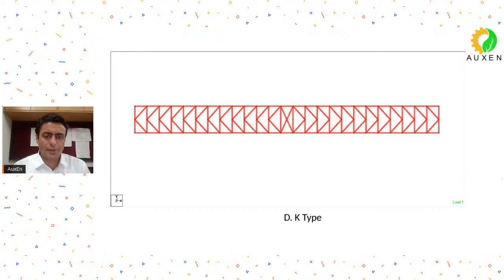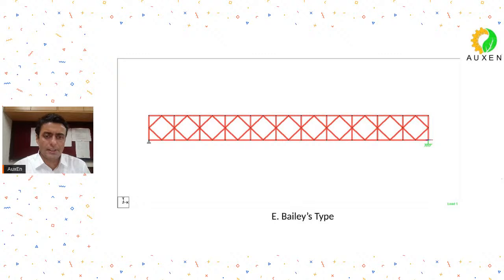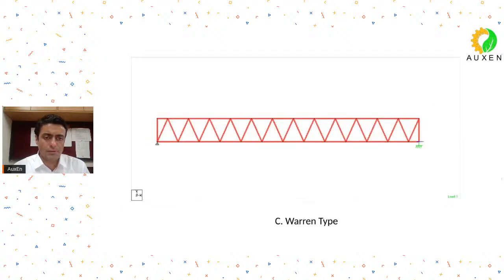This is a K-type truss, and this is a very unique shape that is not quite often covered in texts or does not come across in discussions. This is called a Bailey's type system. So we are going to discuss these five types of systems that you can quite often see for truss type bridges, and we will compare and see which system seems to be better. Can anyone tell me which system might be more efficient?